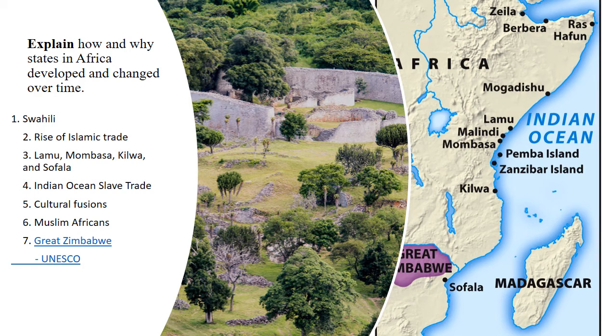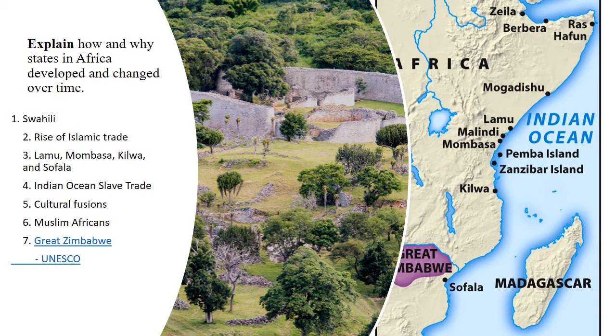Swahili merchants engaged in frequent trade with Muslim merchants from the north by exporting goods, sometimes slaves of the African interior, we'll talk about that briefly, to the markets of India, Southeast Asia, and China. And conversely, they imported goods such as Indian gold and art and Chinese porcelain into their city-states.